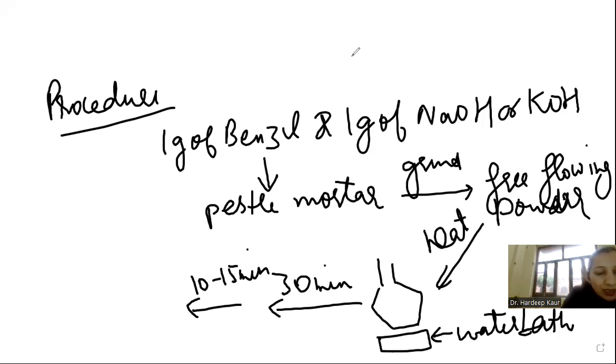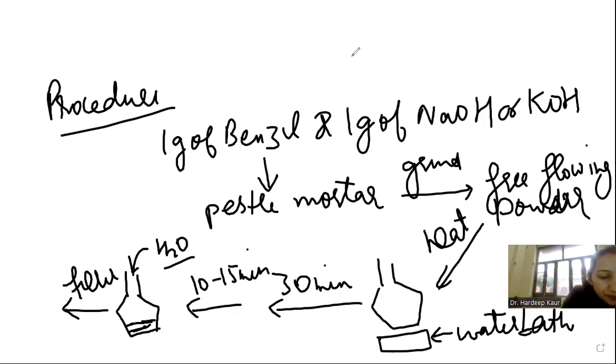After that, to this solid you will add water. A minimum amount of water is added to dissolve this solid. If the solution is not clear, filter it. If it is clear, then there is no need to filter.